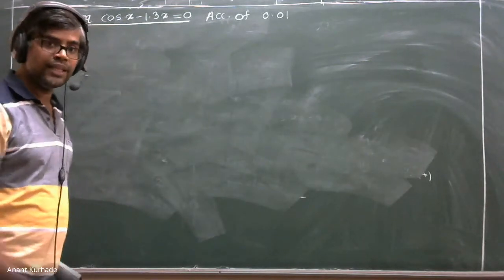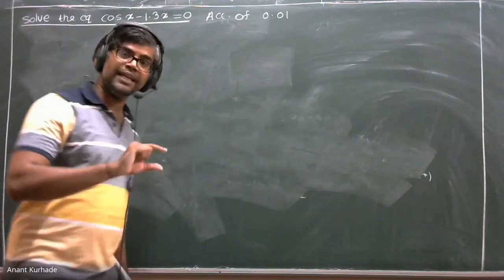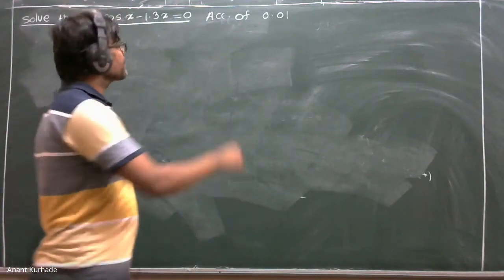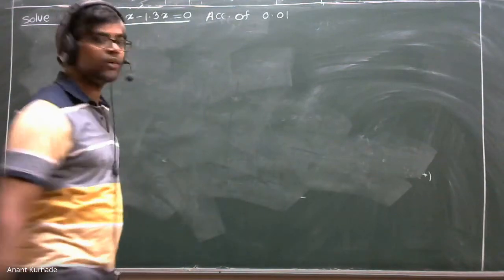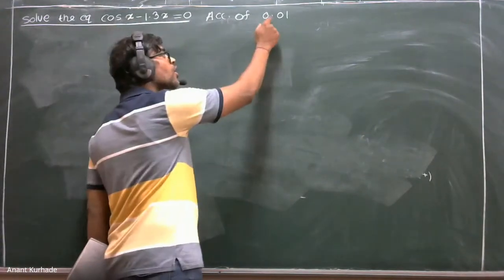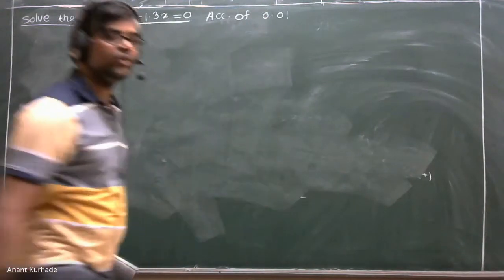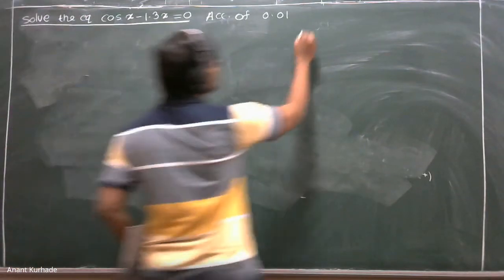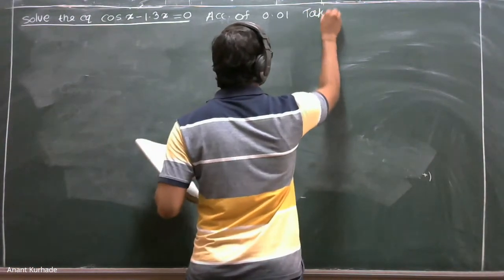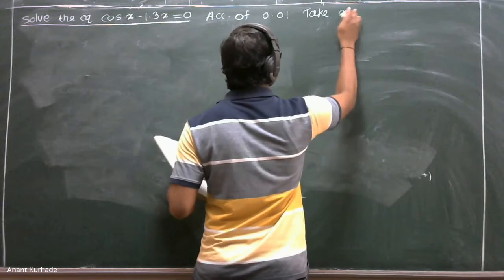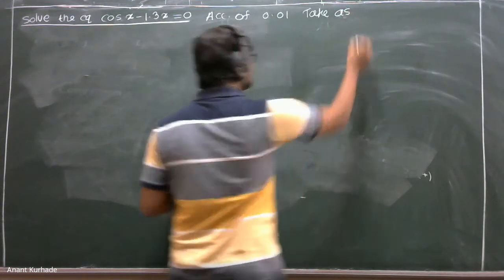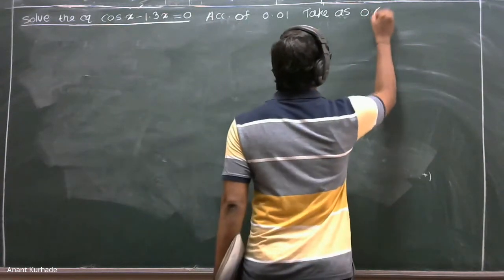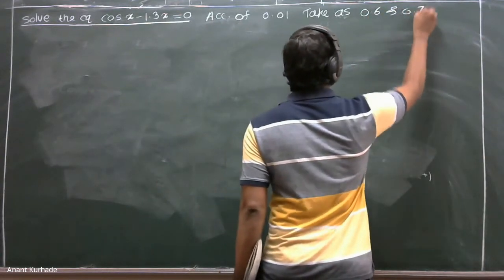After each iteration you have to find the accuracy, and it must be equal to or less than the given value. Then you can stop. Take initial guesses as 0.6 and 0.7.